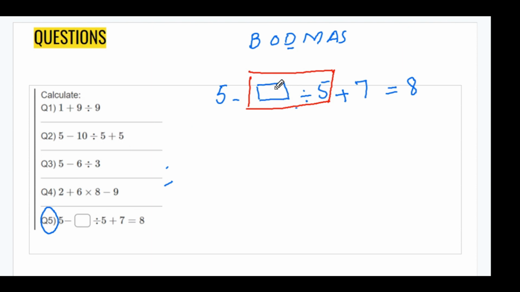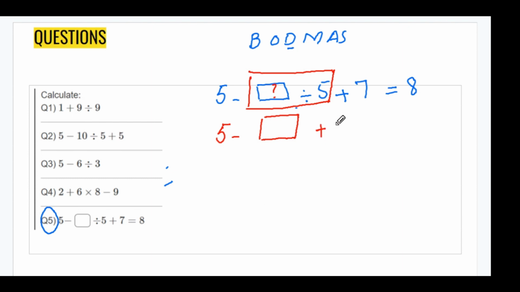You don't know this number. So what we can do is leave this as it is. I'm writing it as one box. Just think that this is one box we need to find the answer for.